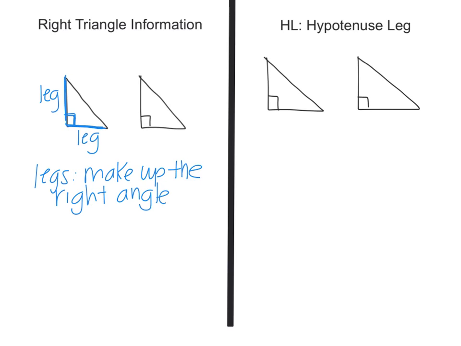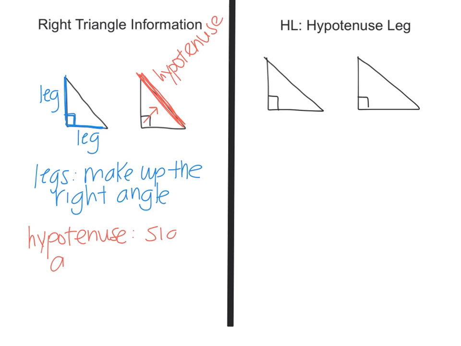On the other side, I have this one right here. This is called the hypotenuse, and the hypotenuse is across from the right angle. I went from the right angle and I can draw a line across. So it is the side across from the right angle.